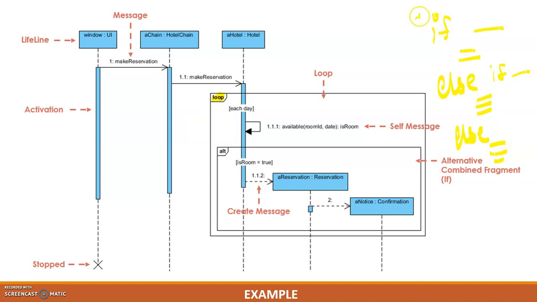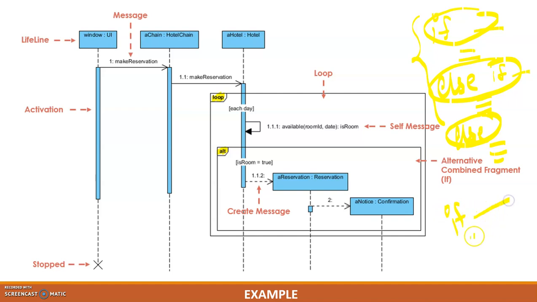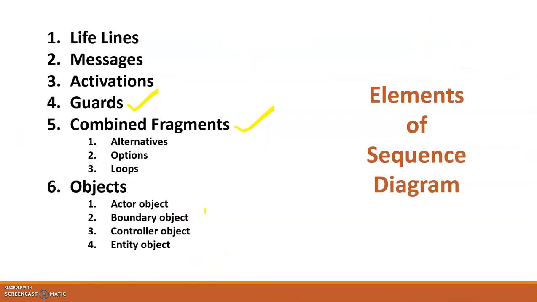Means when I have the case of multiple, we call it alternative, this or this or this, multiple conditions, we use the alt. But let's say there is only one condition: if this is true, then do this, there is no else, nothing. In that case, we use the OPT. So loop, alternatives, and optional. These are nothing but the combined fragments.